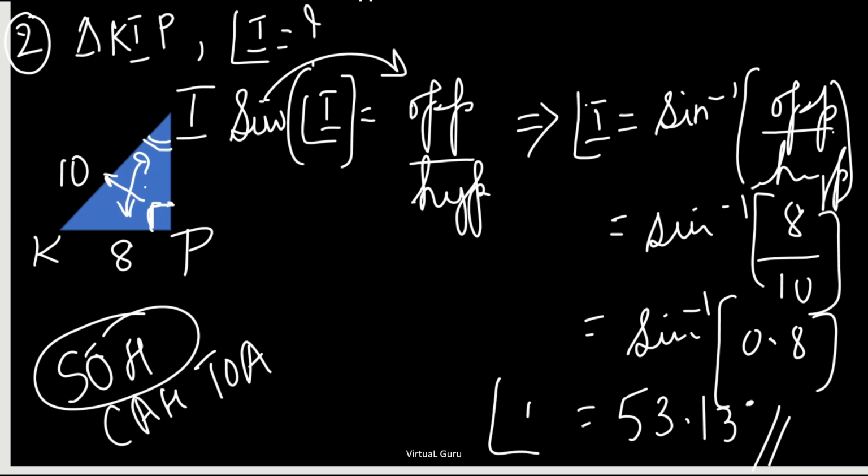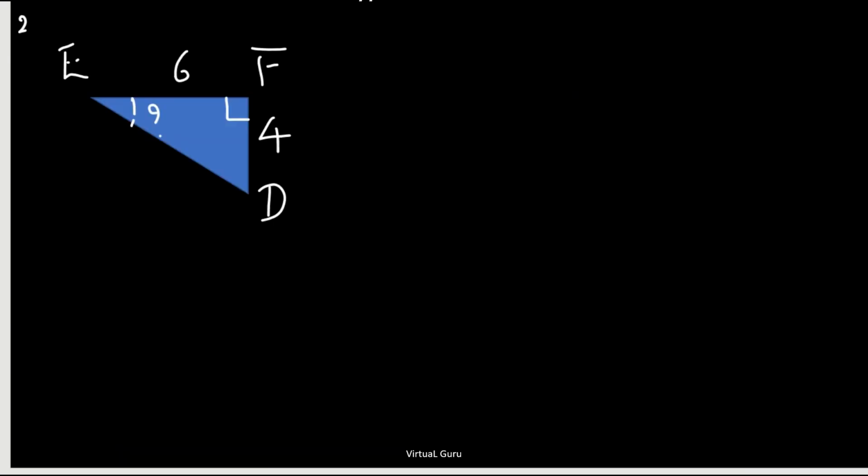This is our angle I. You might be somewhat clear now on how to find it. Let me solve some more problems. Now this will be our third problem in finding the angles using inverse trigonometric functions. Here what is given is triangle DEF and we have to find angle E.